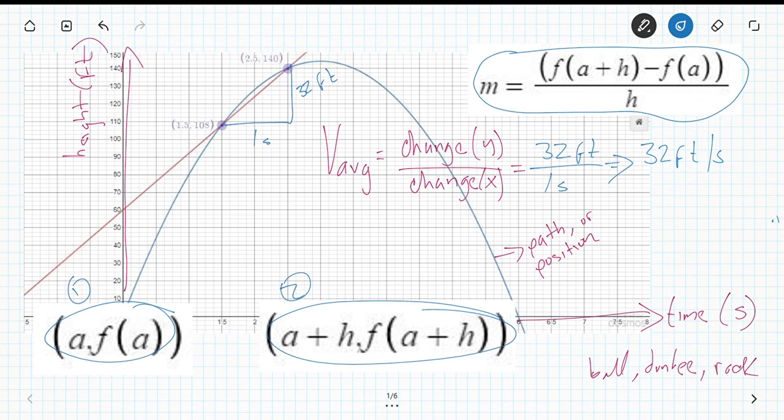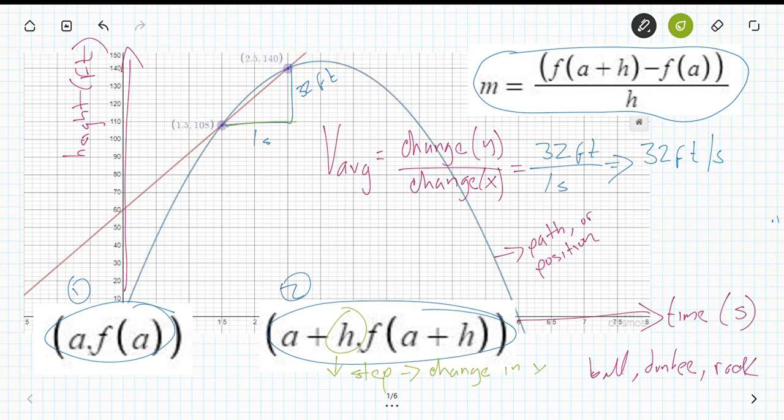What is h? h is nothing but the difference between 0.1 and 2 in the x direction. We're going to call that the step. So let's write it here. It is the step, and it is the change in x.